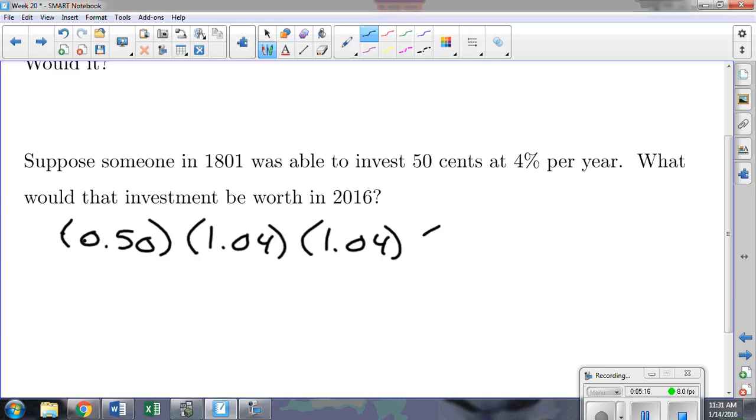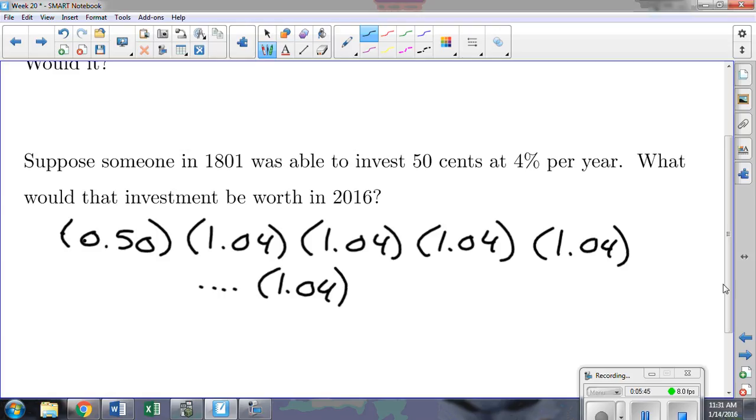For 3 years, another 4%. 4 years, another 4%. Well, how many times are we going to have to include this 4% increase? How many years have gone by from 1801 to 2016? So, since 215 years have gone by, we need to write down 1.04 215 times.